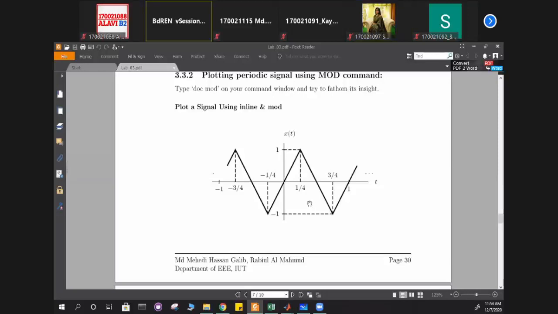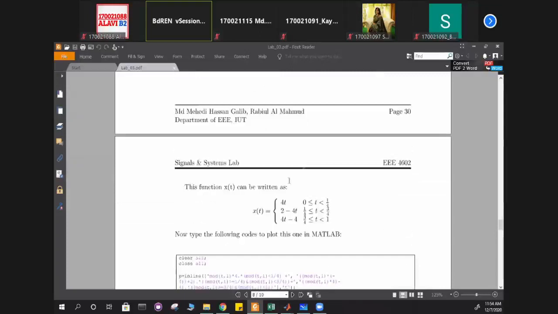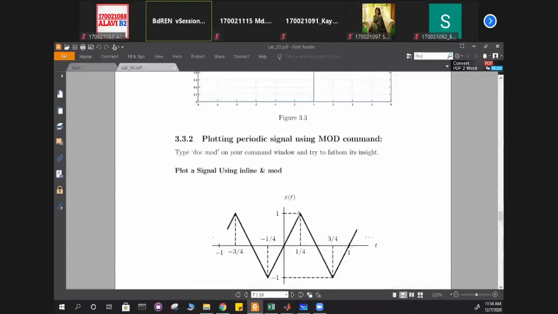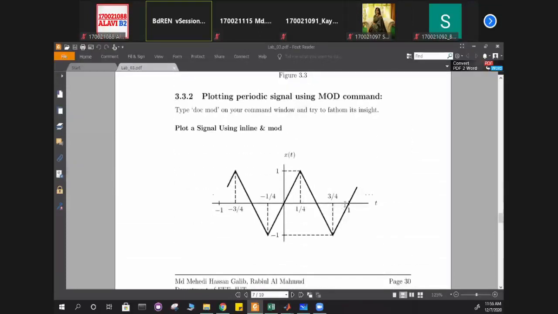But when it can be any function, you need to go for the piecewise equation. Here we can see the equations are given. If I say from 0 to 1, there is one complete period. From 0 to 0.25 we have one straight line. From 0.25 to 0.75 there is another straight line, and from 0.75 to 1 there is another straight line, isn't it?